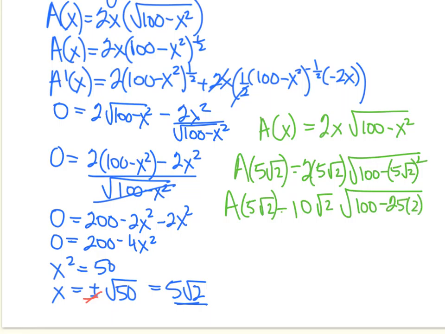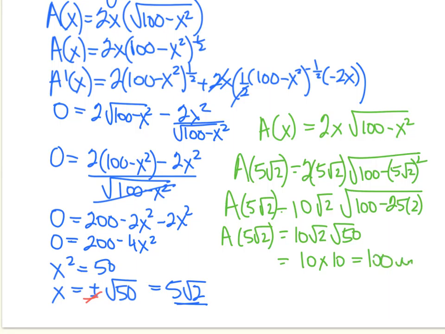So this will be 100 minus 50, which is just root 50. And when we multiply 10 root 2 by root 50, we get 10 times 10, which is 100 units squared. And this is your max area.